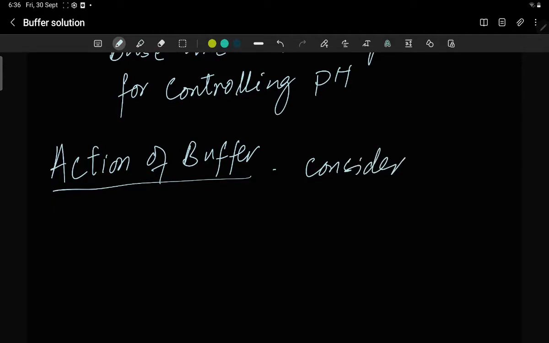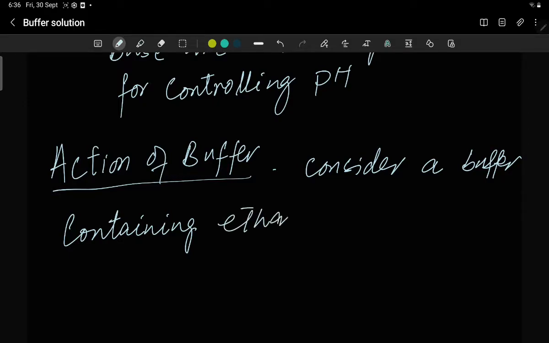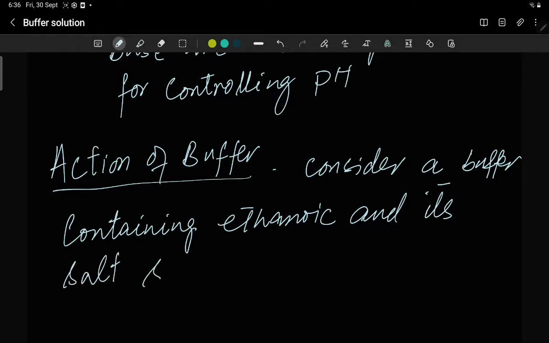Consider a buffer containing ethanoic acid and its salt, sodium ethanoate.